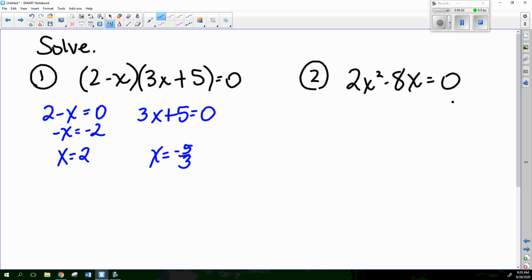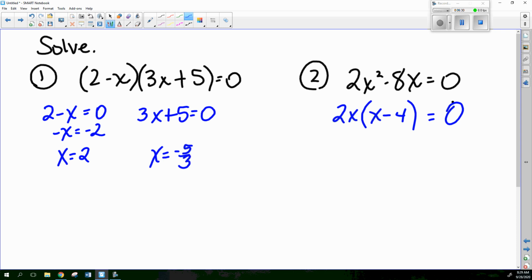GCF. Thank you. Does this one have a GCF? Yes, it does. What is it? 2x. All right, 2x, and then x minus 4 is left over. Is it factored completely? Can I do anything else to factor this thing? No, good. So I'm done factoring.